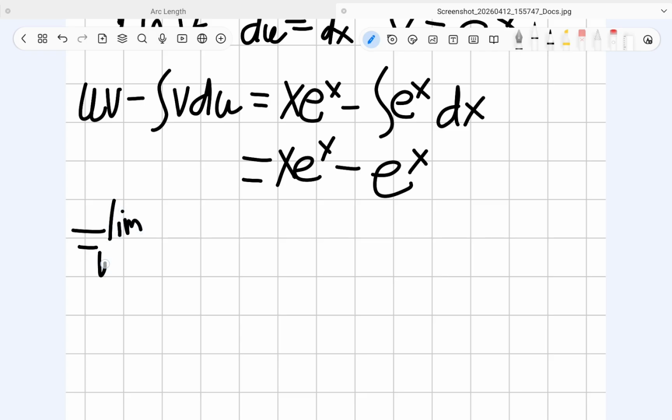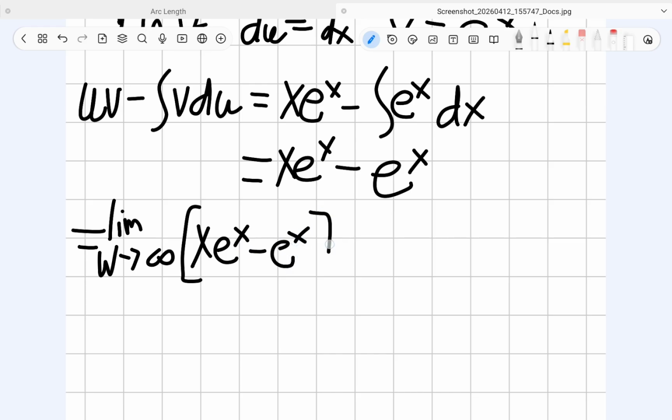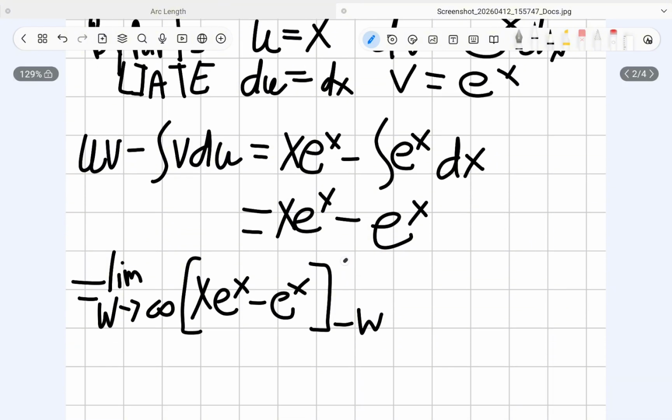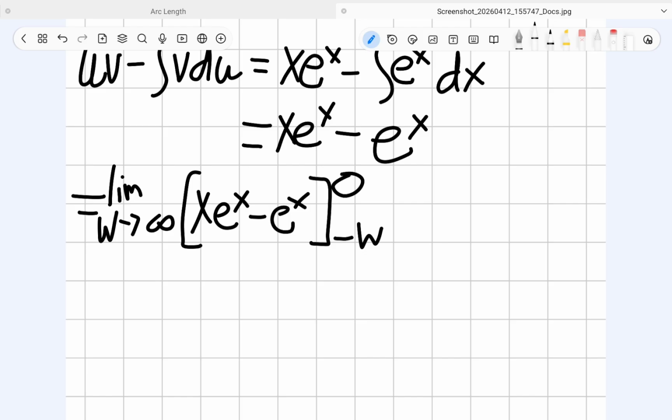Limit of w approaching infinity. We're going to do brackets now, which is x e to the x minus e to the x from negative w. Remember, it's w. We're not going to do infinity for now. To 0. Okay. We can now apply the bounds. Let's not apply the limit just yet.